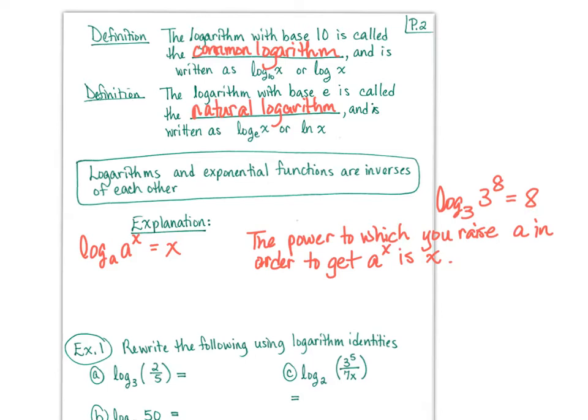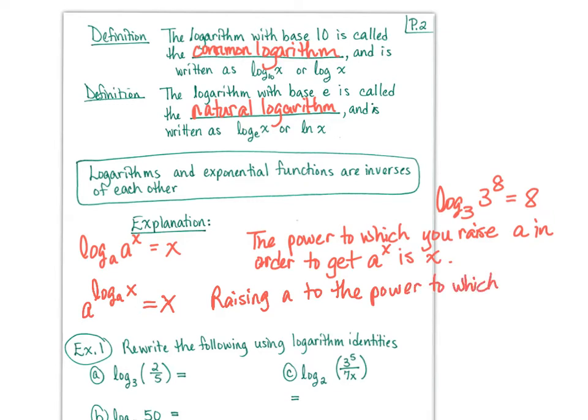Now, a raised to the log of x base a is equal to x. What this says is that raising a to the power to which it must be raised to get x actually yields x.